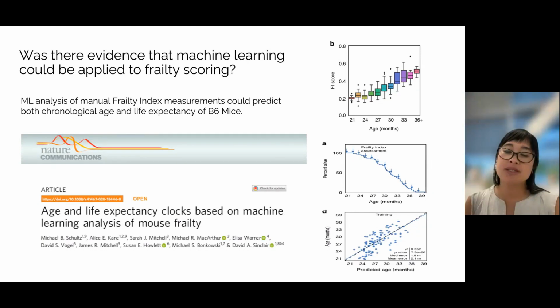And then they also developed in the figure below a survival curve to show the decline in survival. And then they used machine learning to take the frailty index and either predict the age or predict how long that animal would live. And so we thought this was a really interesting proof of concept that frailty index could be useful, and we could apply machine learning to that biomarker. Next, please.